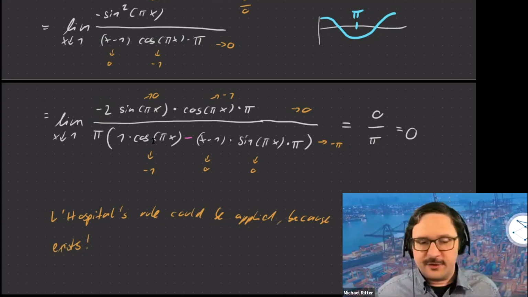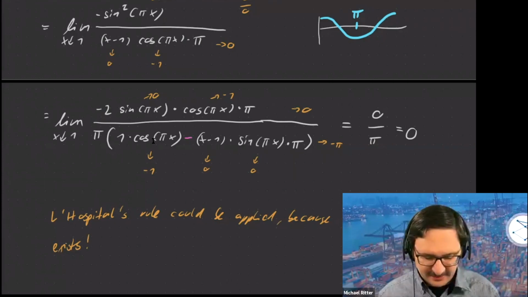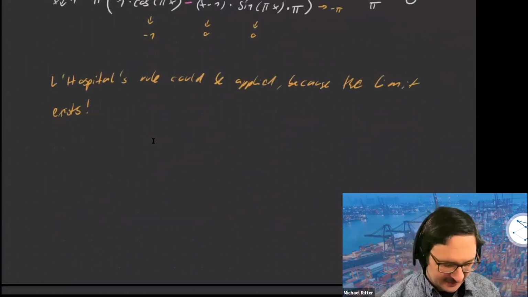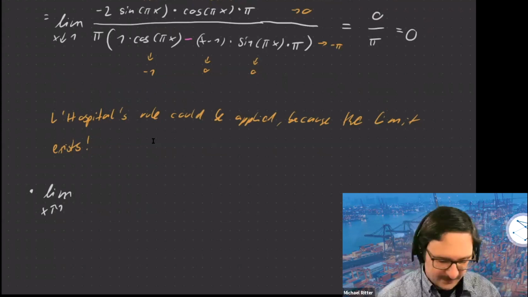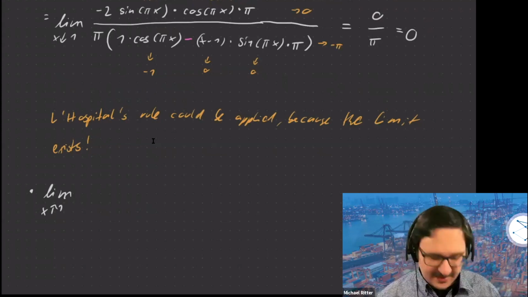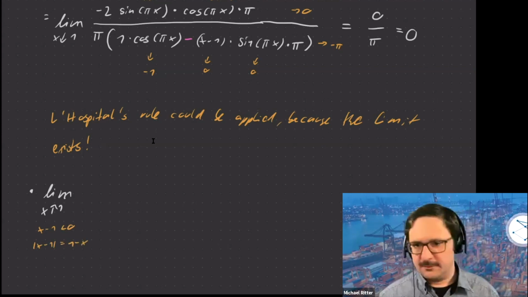Now that was, of course, only one side of that limit. We basically have to do the same thing again for the limit of x tending to 1 from below. In that case, x minus 1 is negative, so the absolute value of x minus 1 is 1 minus x.